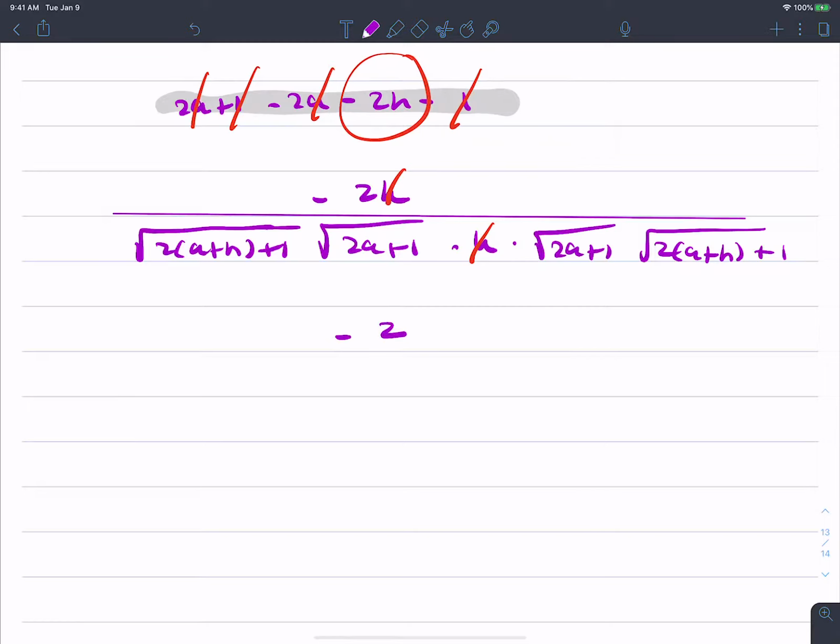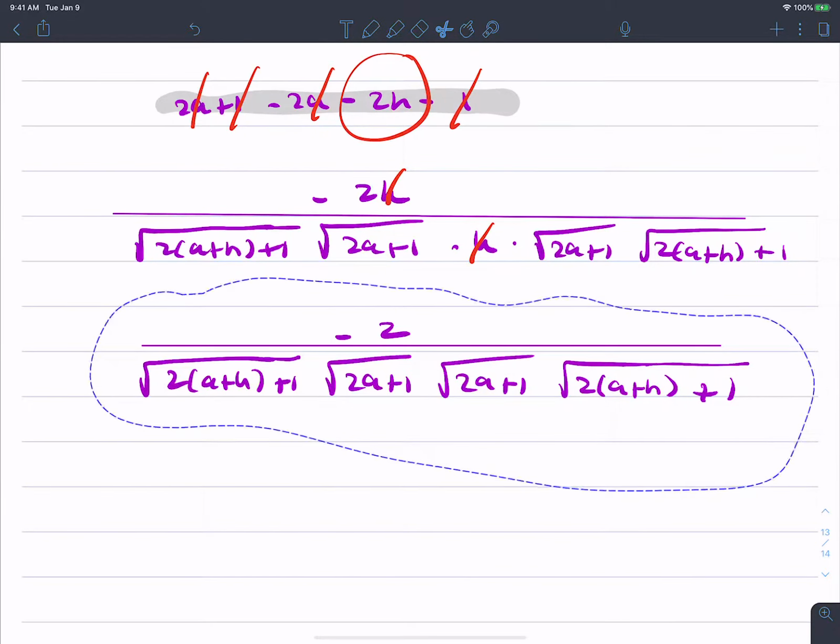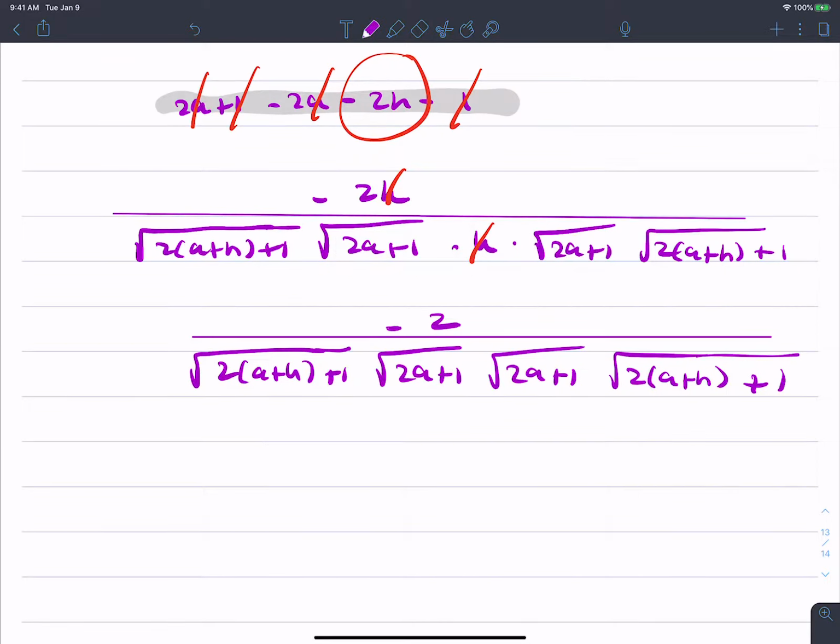So this is negative 2 over the square root of 2a plus h plus 1, square root of 2a plus 1, square root of 2a plus 1, square root of 2a plus h plus 1 here. And let me move this over because, as you guys know, we need to take that limit as h goes to 0.